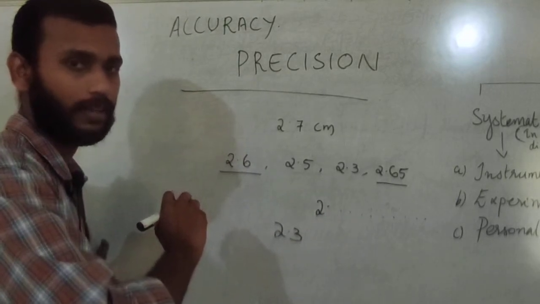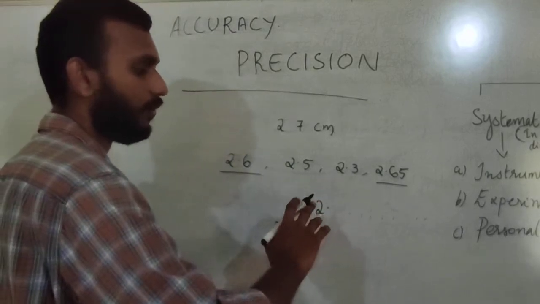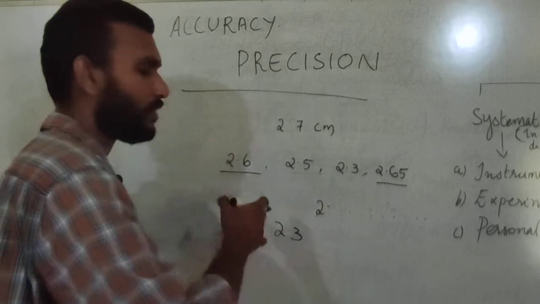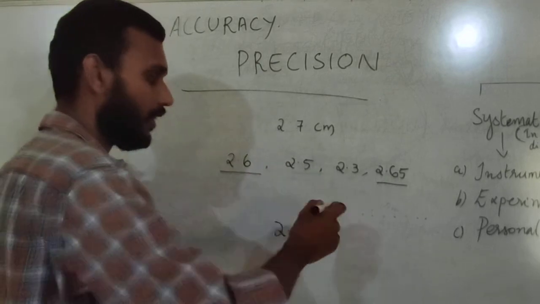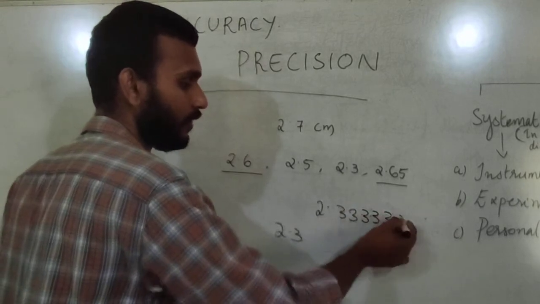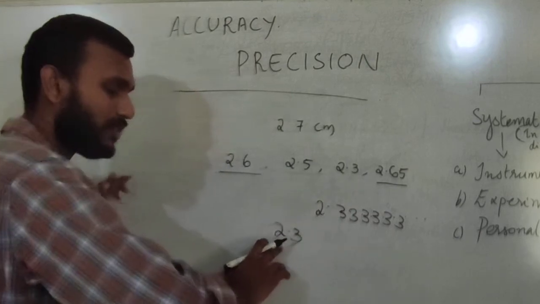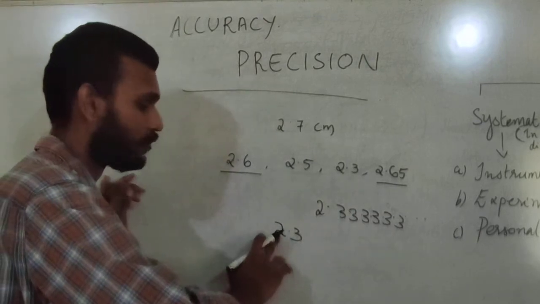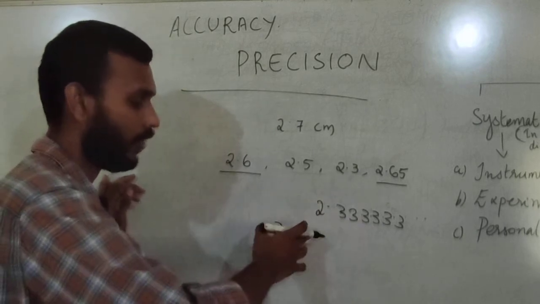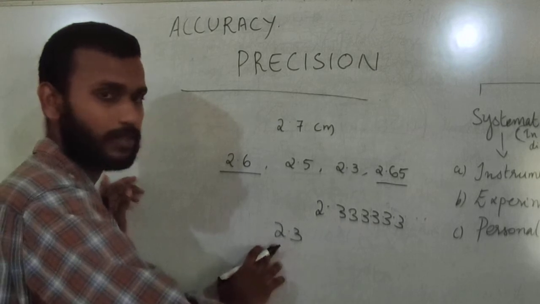Are you getting it? Yes. Actually, suppose the true value of the length of a material, found by using some other instrument, is 2.33333. This is the actual true value. By using a centimeter scale, you get 2 centimeters and 3 millimeters, and that is the limit; we cannot put any decimal digits after this, isn't it?